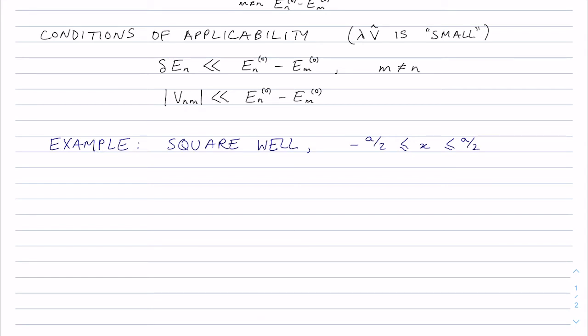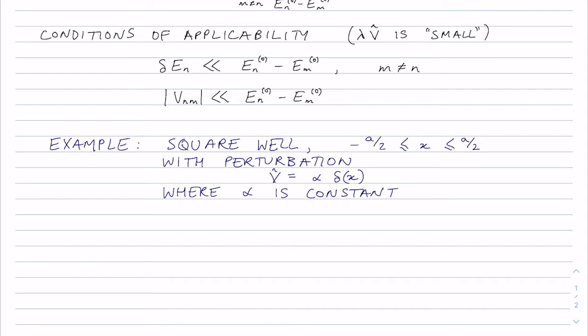So you've got an infinite square well confined between minus a on 2 and plus a on 2, and you have the perturbation V equals alpha times delta x, where alpha is just a number and the delta here is the Dirac delta function.